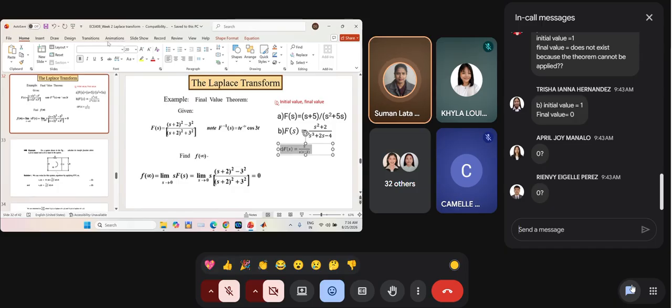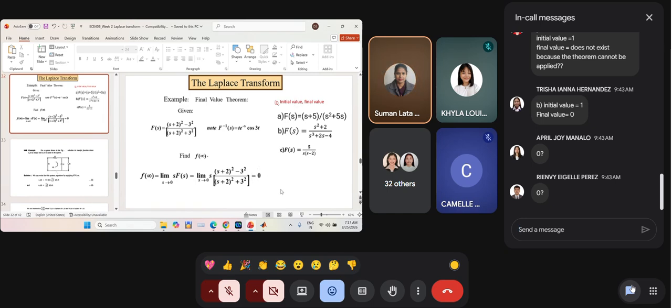Okay, so this is your question. The question is Fs is 5 upon S into S minus 2. This is your question and you have to find out initial value as well as final value.